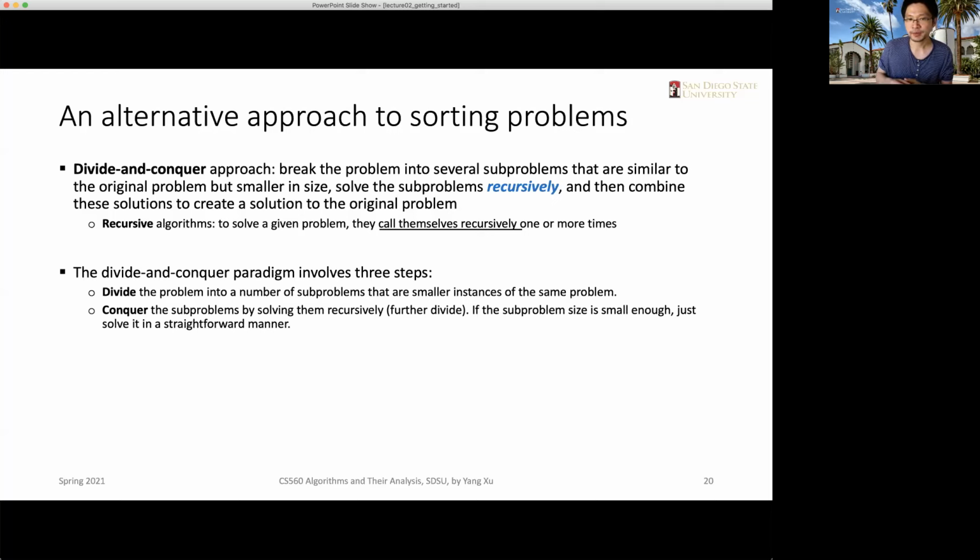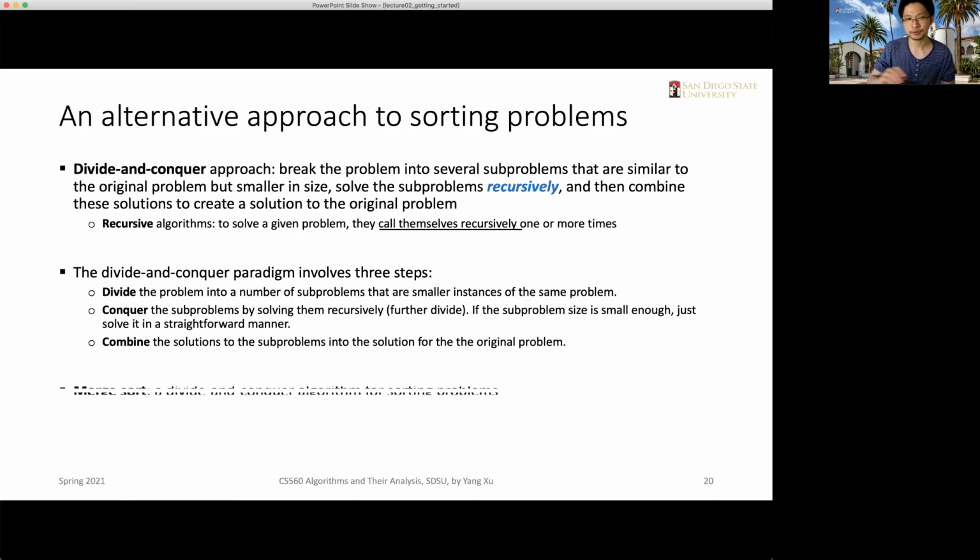If the subproblems can be divided further, we go deeper until we reach the smallest subproblem. If a subproblem is the basic case and can no longer be divided, then we just solve it in a straightforward manner. The third step is called combine: we collect the solutions to all the subproblems resulting from the dividing step in order to have the solution to the original problem.